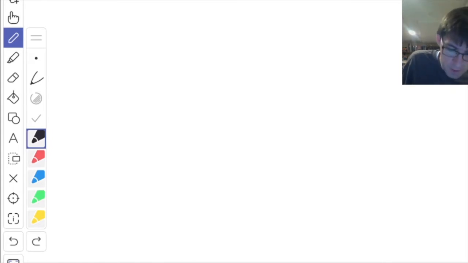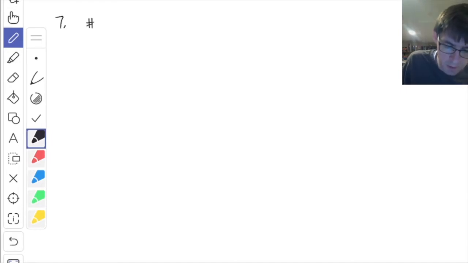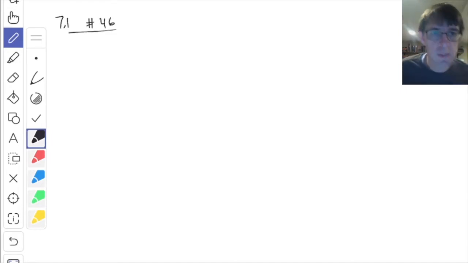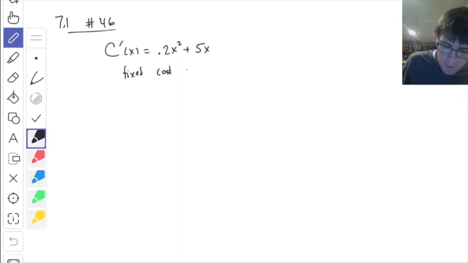The first one is number 46. This is section 7.1, in case you care. Number 46. Do the initial value problem. The problem says c prime of x equals 0.2x squared plus 5x, and then it says the fixed cost is $10.